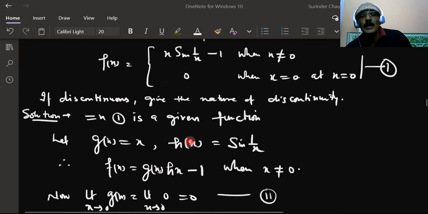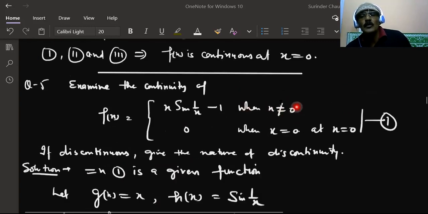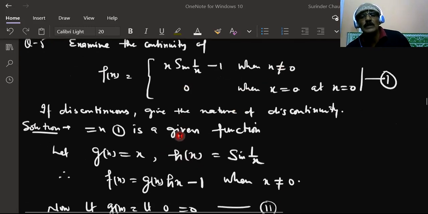Now, whether we find the left limit or right limit, both come out the same because the function is the same, so we'll find the limit.